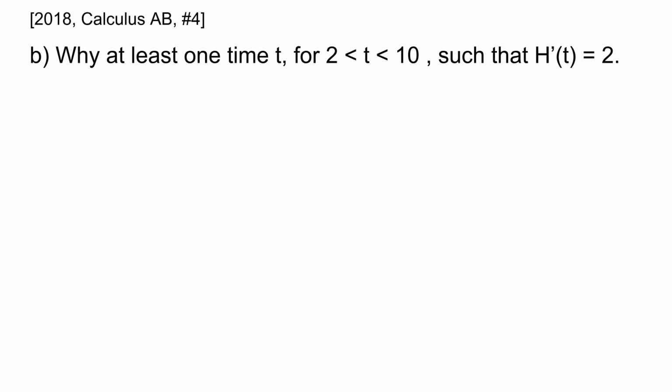In part B of this question, we are asked why there must be at least one time t on the interval from 2 to 10, such that h prime of t is equal to 2.